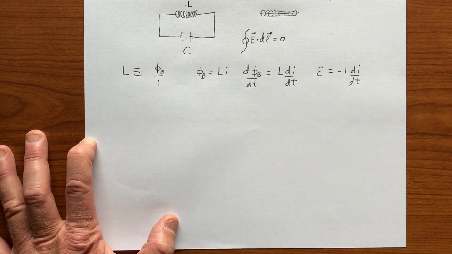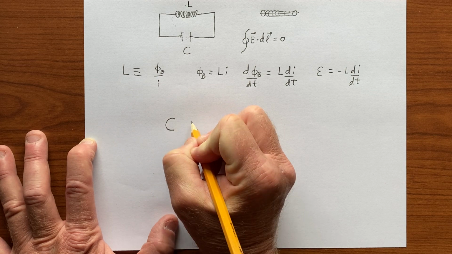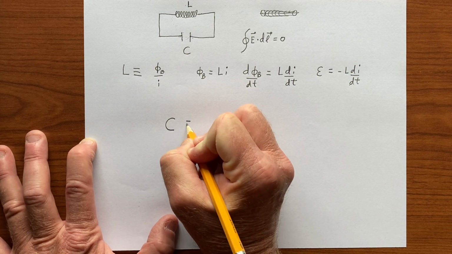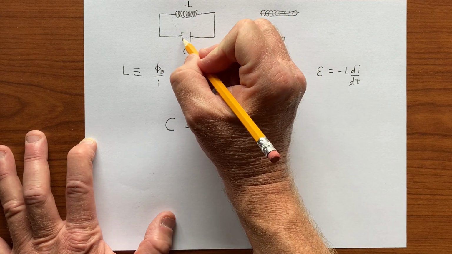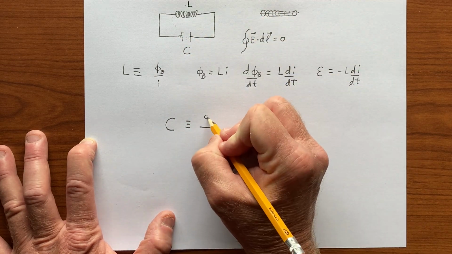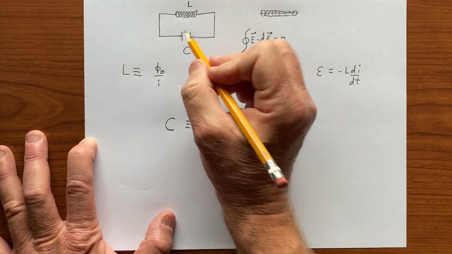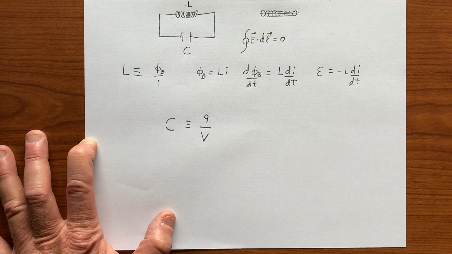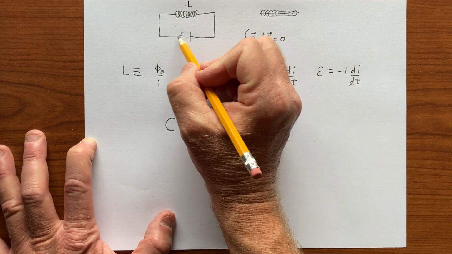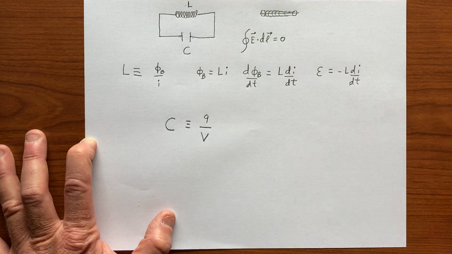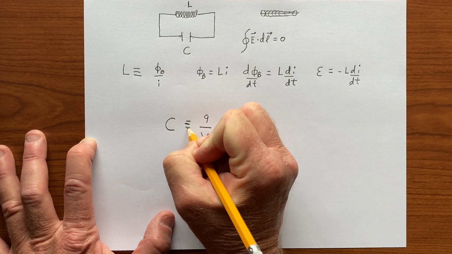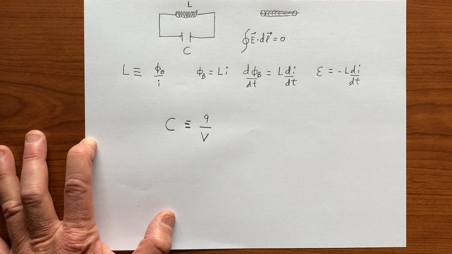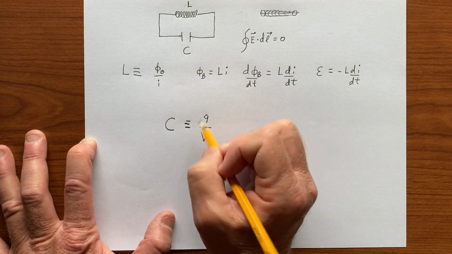Let's think about the capacitor, right? So the capacitance of the capacitor is just for a given amount of charge that you store on the plates, you'll have a certain voltage across there, right? You create an electric field, and the integral of that electric field over that distance is the voltage, up to a minus sign. And that's what the capacitance is.